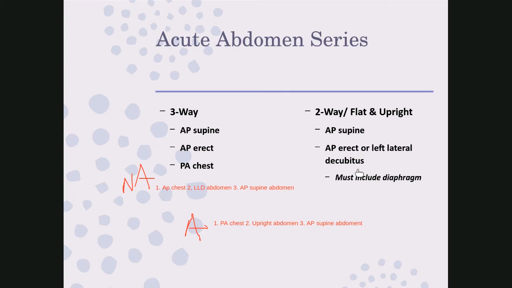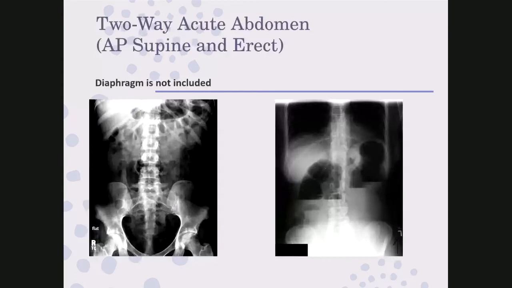Okay, and that's what you're trying to demonstrate, because it'll include the diaphragm and it'll show any free intraperitoneal air or any air in the abdomen that is able to rise, and fluid will be able to fall.